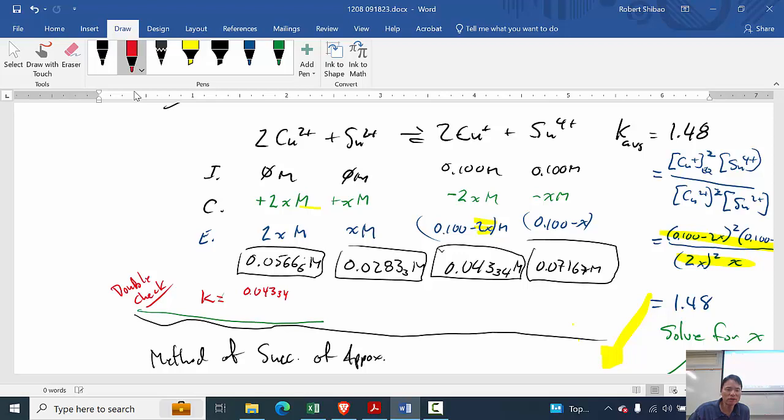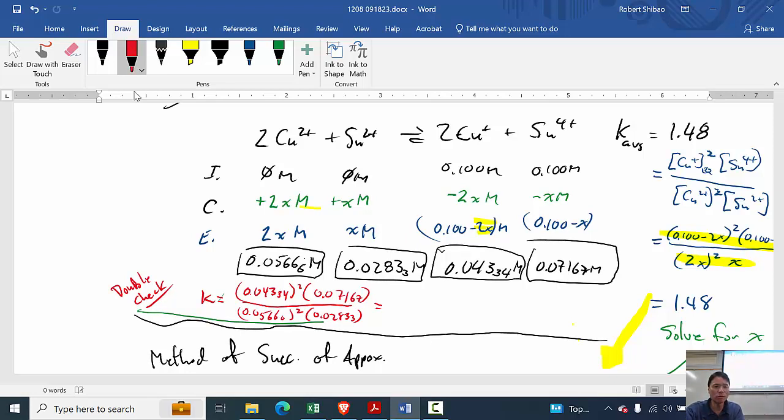This is why I carry extra digits, so I can avoid round-off error. I'm going to square that times 0.07167, divided by 0.05666 squared, divided by 0.02833. So this should come out to 1.48 or close to it.